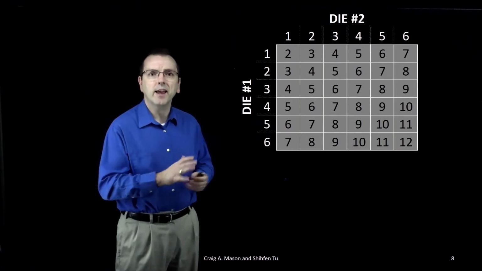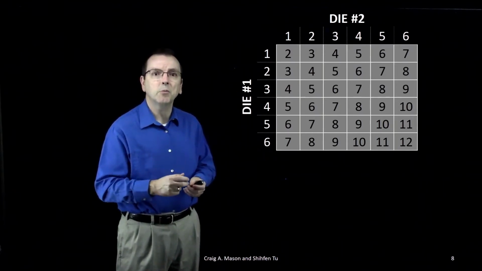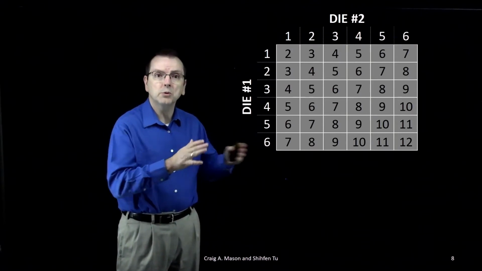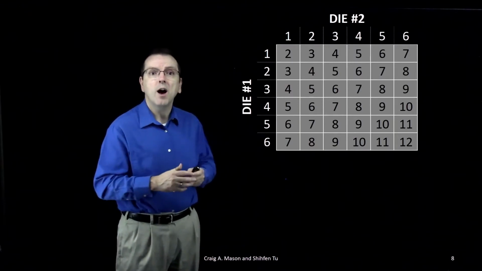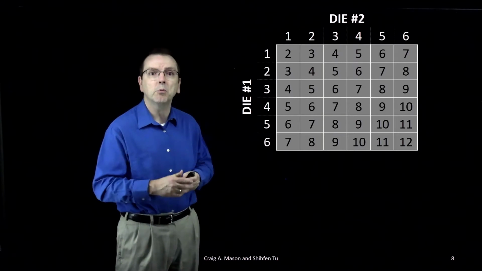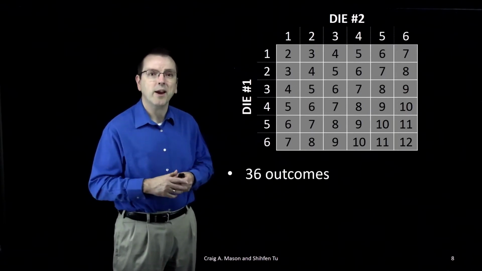Here I've created a 6x6 grid that shows the results if someone rolls 2 dice. Each row shows a possible roll on die number 1, and each column shows a possible roll on die number 2. So there are 36 different outcomes, right?